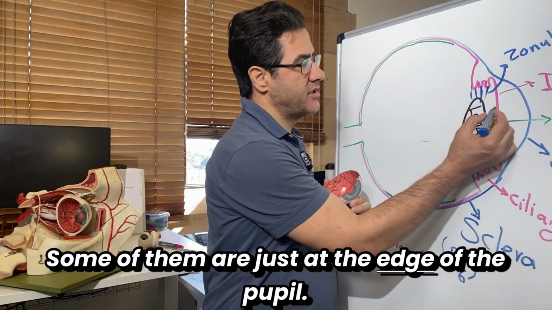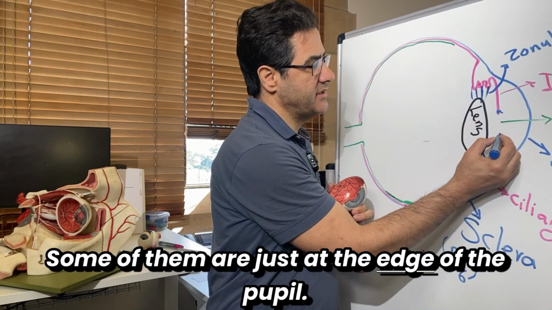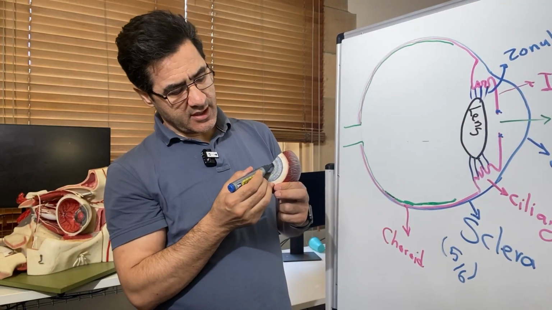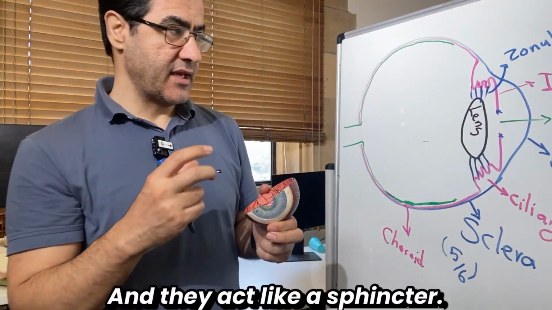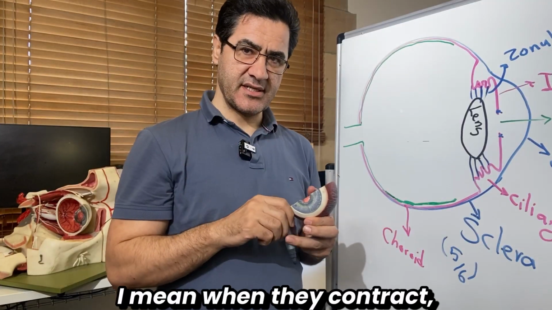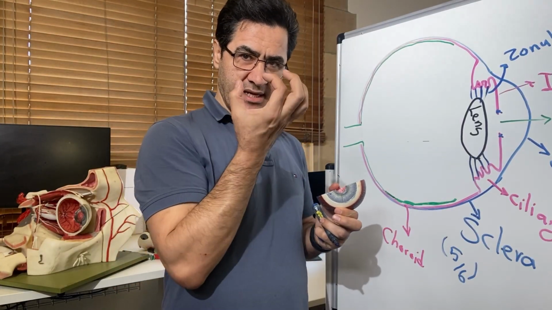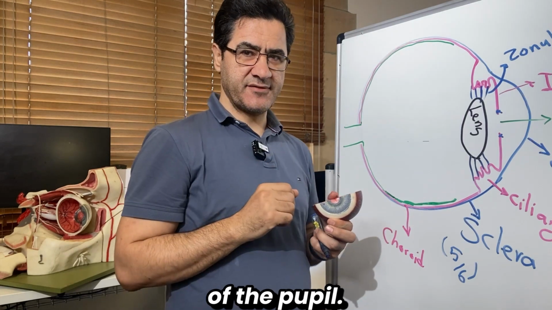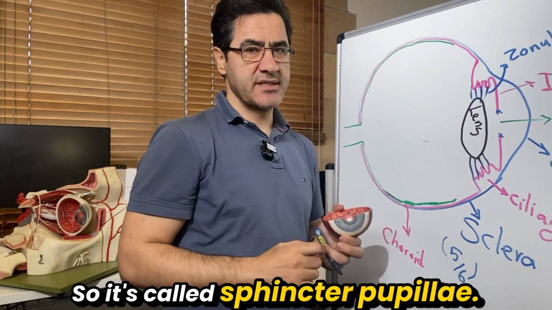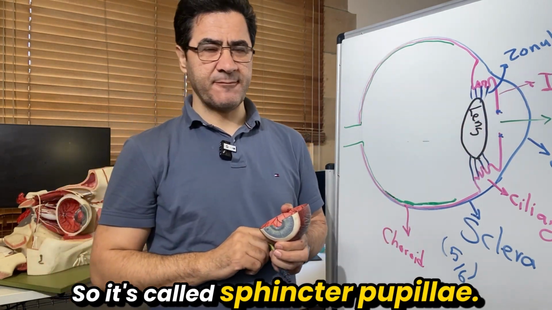Some of them are just at the edge of the pupil. They are circular-shaped smooth muscle, and they act like a sphincter. When they contract, they decrease the diameter of the pupil. So it's called sphincter pupillae.